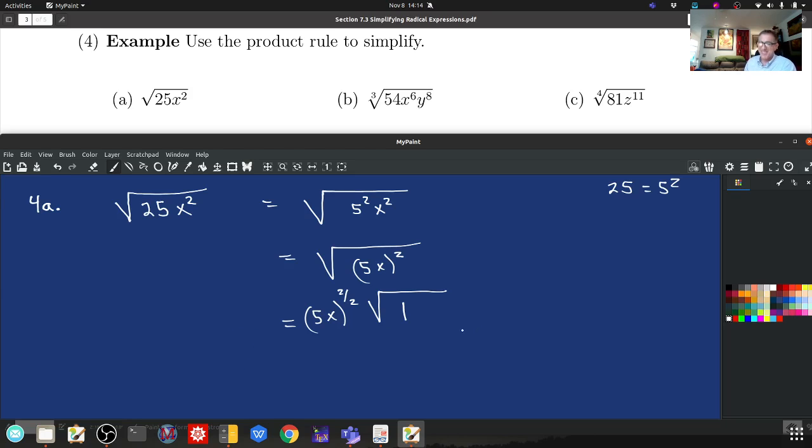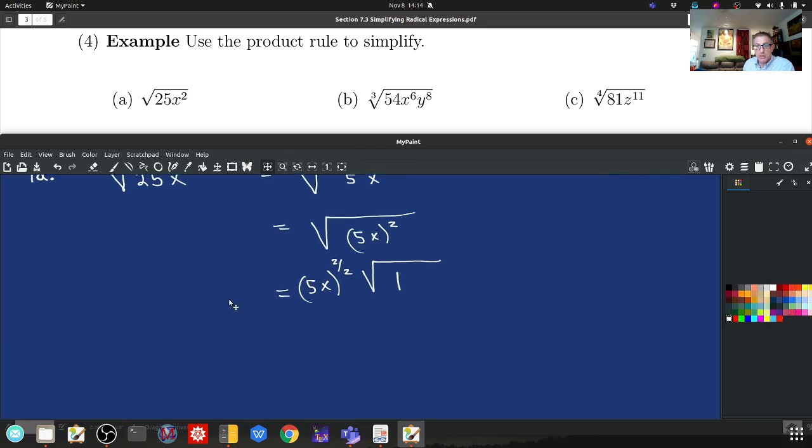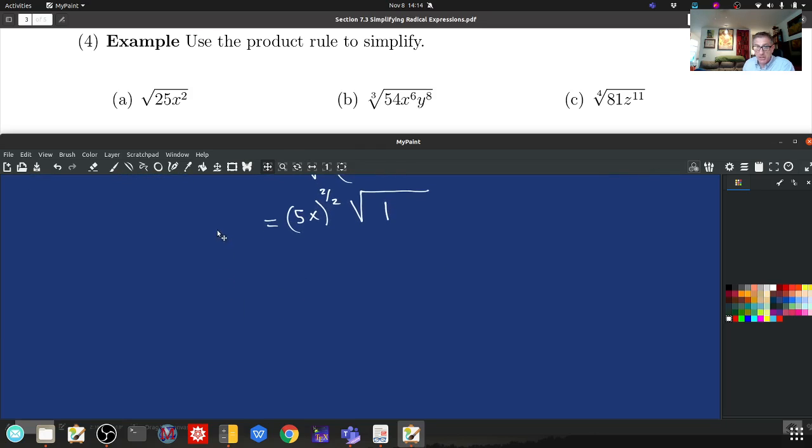Now, the square root of 1 is 1, so I really don't even have to bother to write that. But I'm just going to show you it didn't disappear. There's no magic. I'm still using the exact same pattern as before. The only difference here is when I've moved it out, I don't know if x is positive.